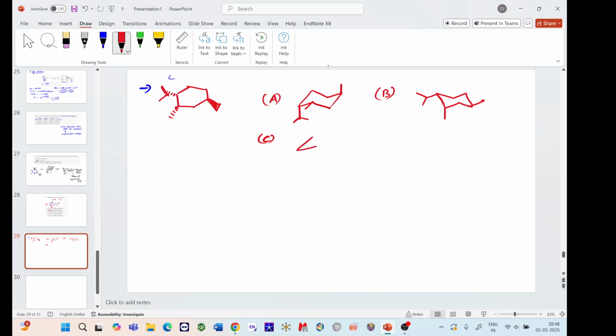Can somebody try and let me know which one can be correct? Can somebody try?